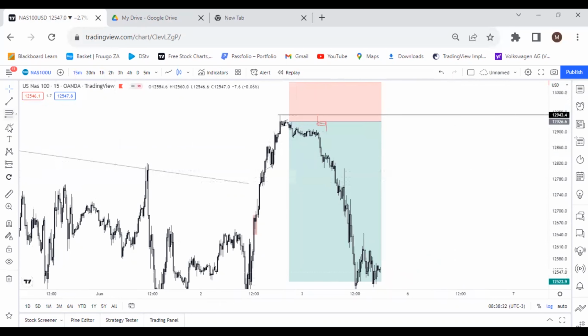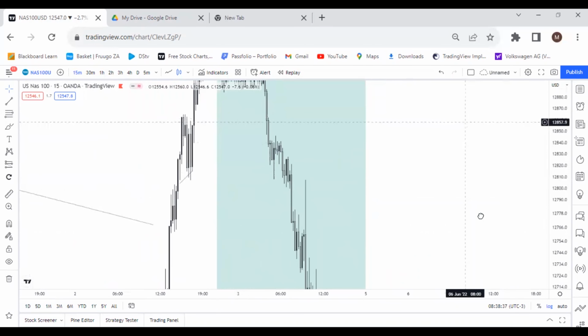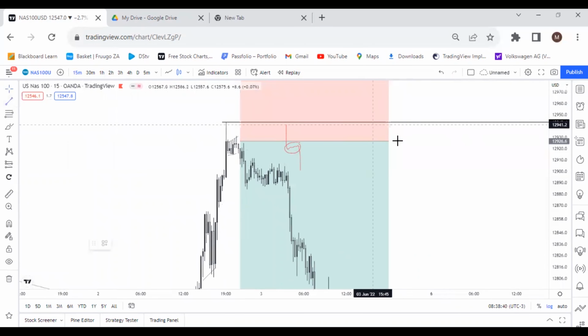So these corrections are basically the market giving us opportunities, but then the responsibility lies on us to spot these corrections. As you can see here, we had another correction which was rather bigger than the first one.